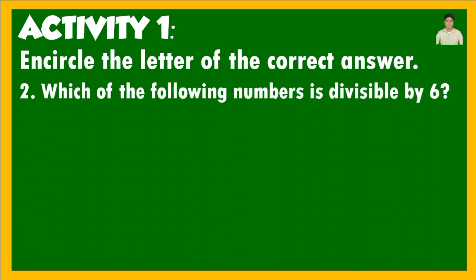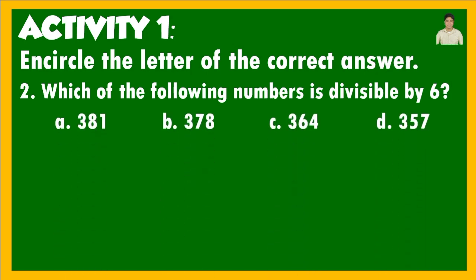So, number 2. Which of the following numbers is divisible by 6? Ayan. So, we'll have letter A, 381. Letter B, 378. Letter C, 364. Letter D, 357. So, considering the rules for divisibility of 2, kailangan po yung last digit or yung ones digit is an even number.